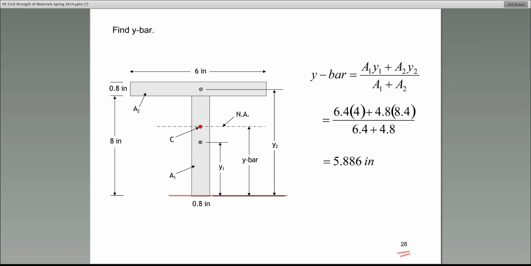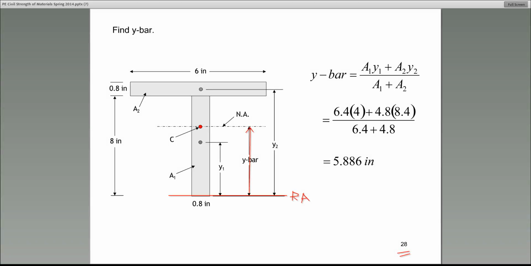And remember what we're doing. We're trying to find or locate the neutral axis for this section. We don't know where the neutral axis is, so we're going to call that Y bar right here. We're trying to calculate Y bar. So down here, we call that RA, or the reference axis, and we are going to measure everything from the reference axis. This is very important. Everything will be measured from the reference axis.